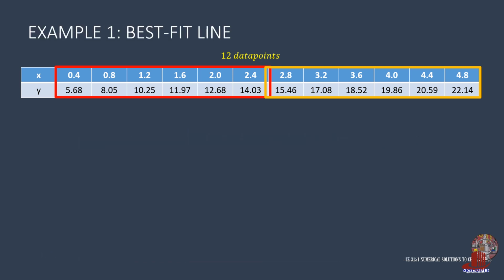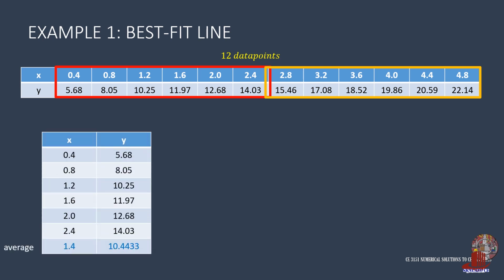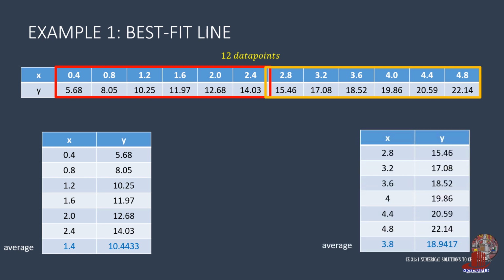With the averages of the two groups already completed, we start with the best fit line, where we use the original x and y columns. The first group has an x average of 1.4 and average y of 10.4433. From the second group, the average x is 3.8 and the average y is 18.9417.